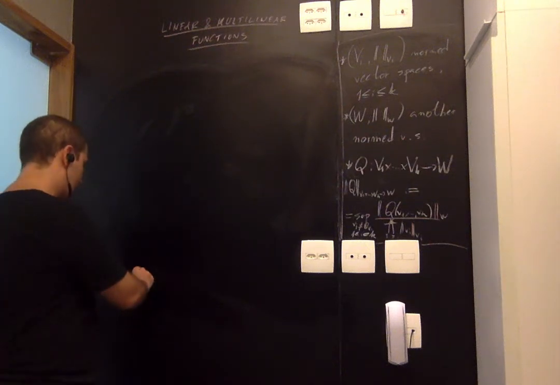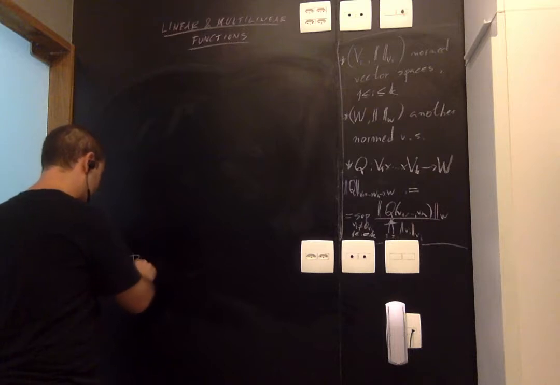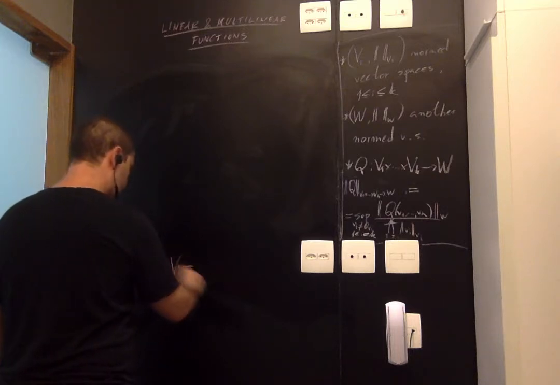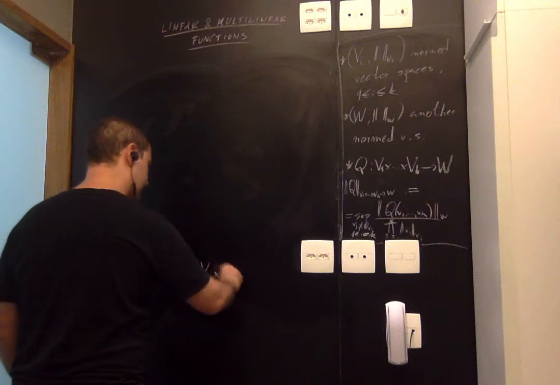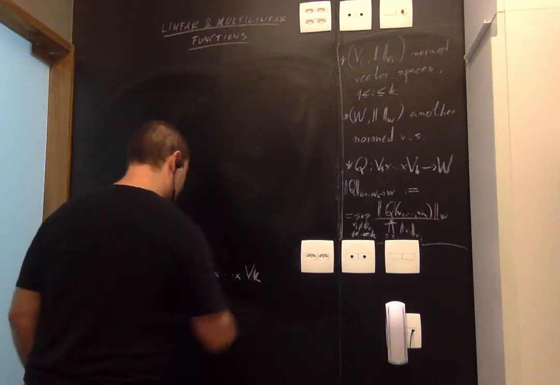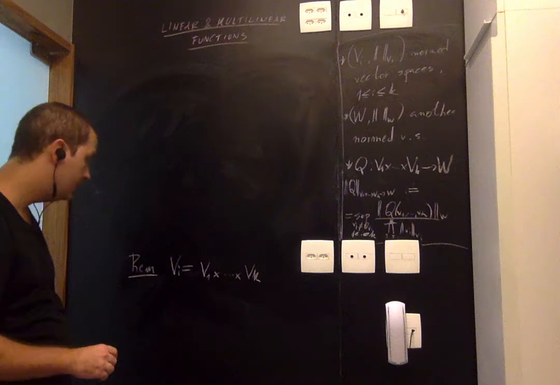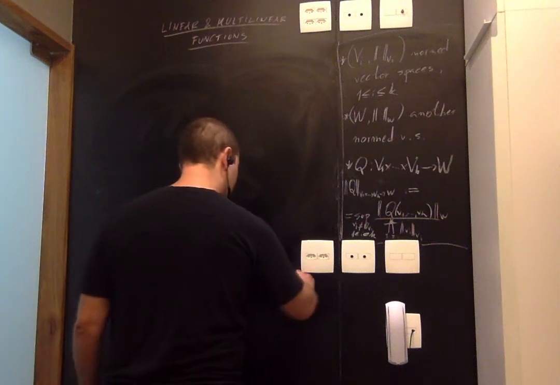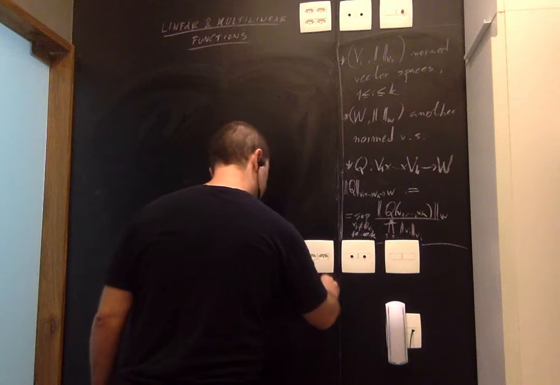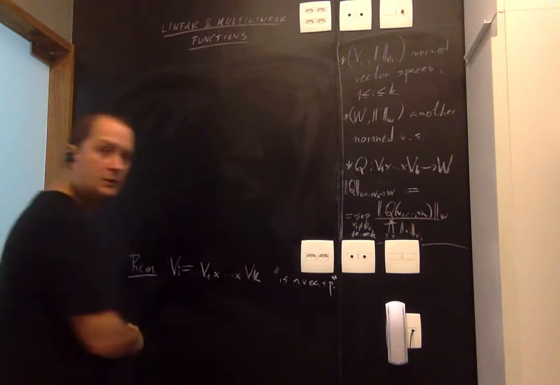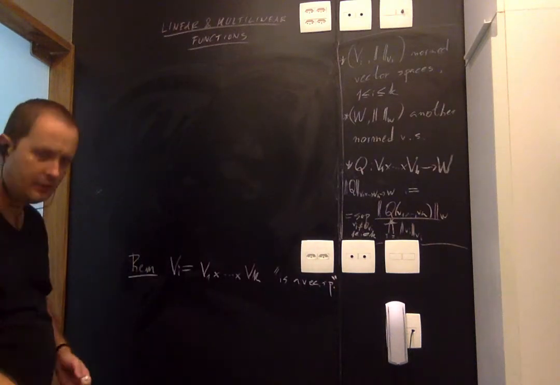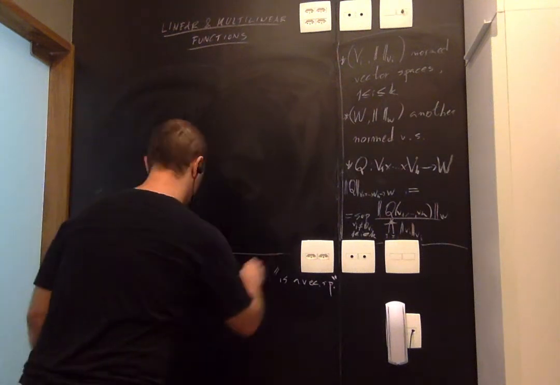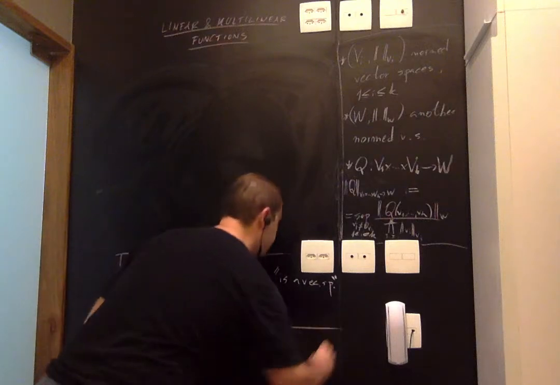So let me write it over here. A remark that perhaps should stay on the screen for longer than the other things. I'm going to call this Cartesian product V. And I'm going to say it is a vector space. Let me try to draw a dividing line here.